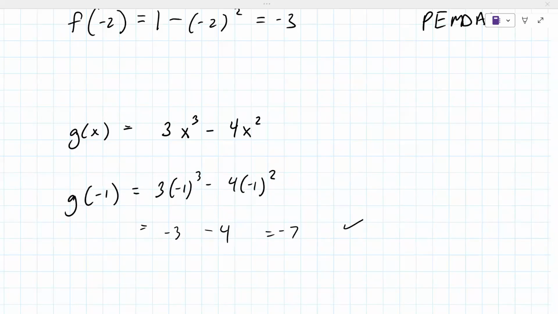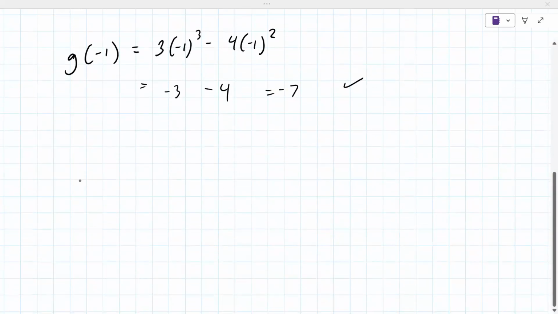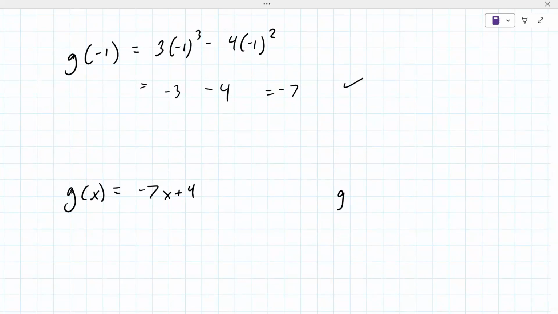All right. Let's increase the difficulty a tiny bit here. Let's say I give you a function like this, and I ask you to find the following. I ask you for, let me write it over here to the right, g of 3 minus 6.